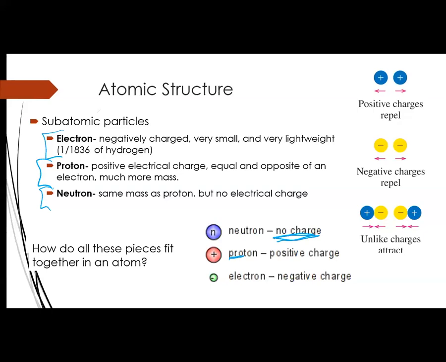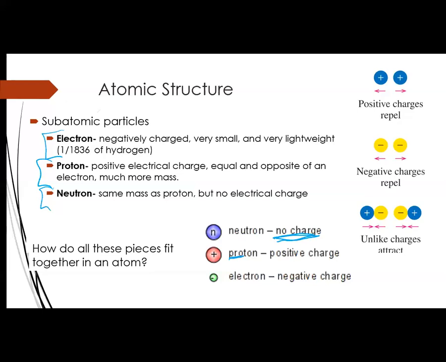It has a lot more mass, but its positive charge is equal to that of an electron, just in the opposite direction. So one proton and one electron, their charges will cancel out and they'll become neutral. A neutron is basically the same mass as a proton, but it's neutral in its charge.